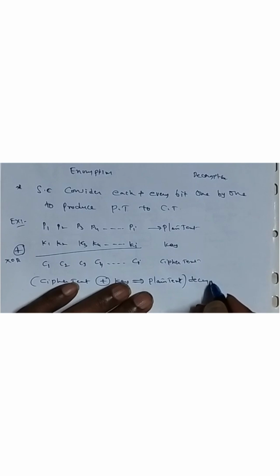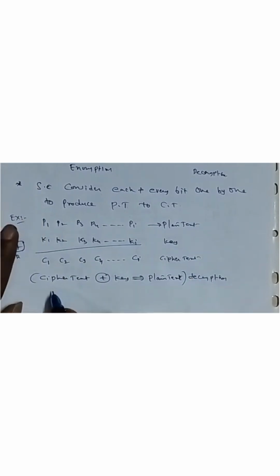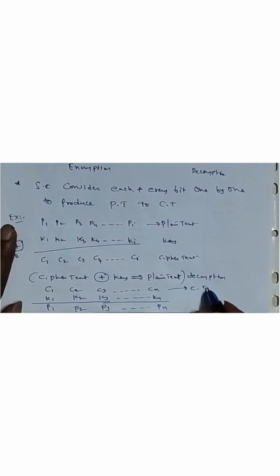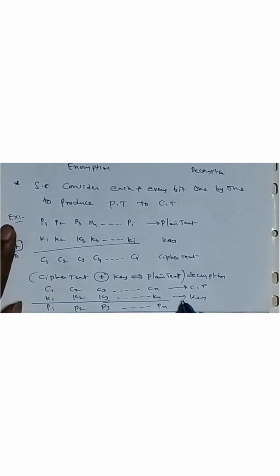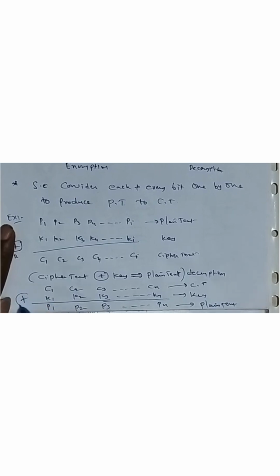So again we perform the operation between C1 and K1, C2 and K2, C3 and K3, and so on up to Cn and Kn. The result is P1, P2, P3, up to Pn. Here we have the ciphertext, the key, and the original plain text, and we perform the XOR operation.